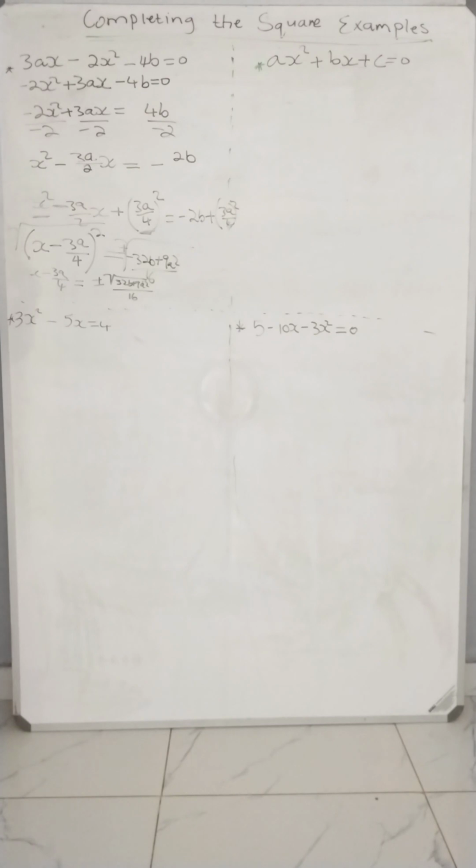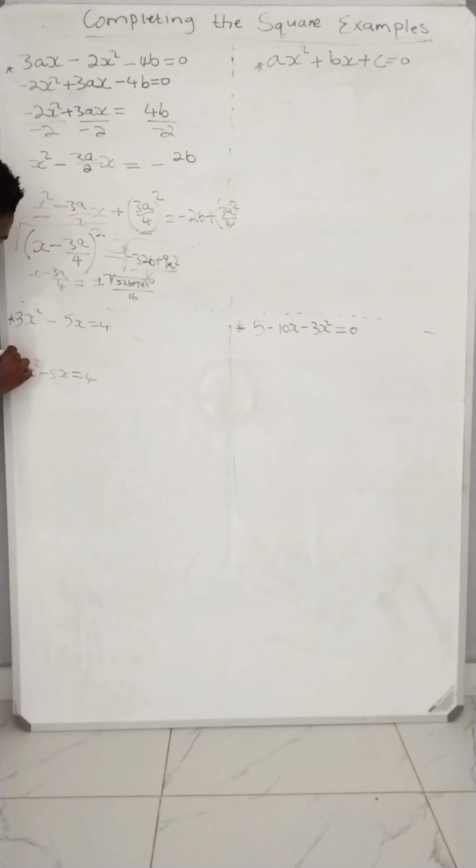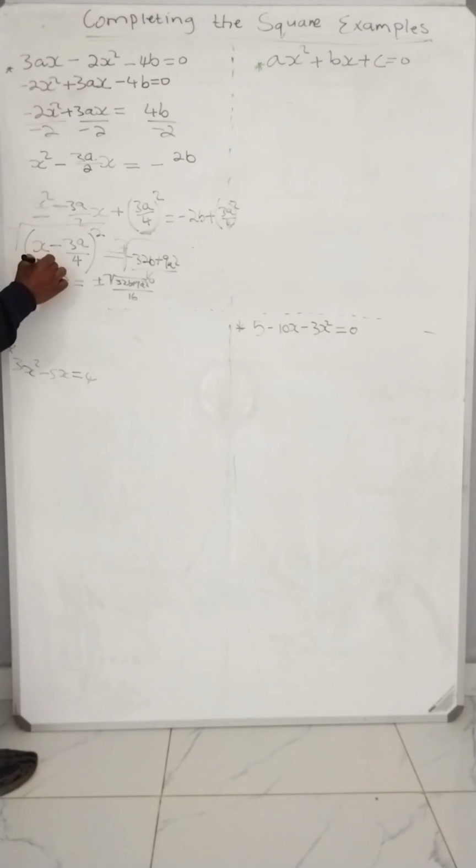Okay, and then for your last step, let me just put this here so that I can have space there to be able to do my last step there. So for your last step, you're just going to take this constant to the other side.